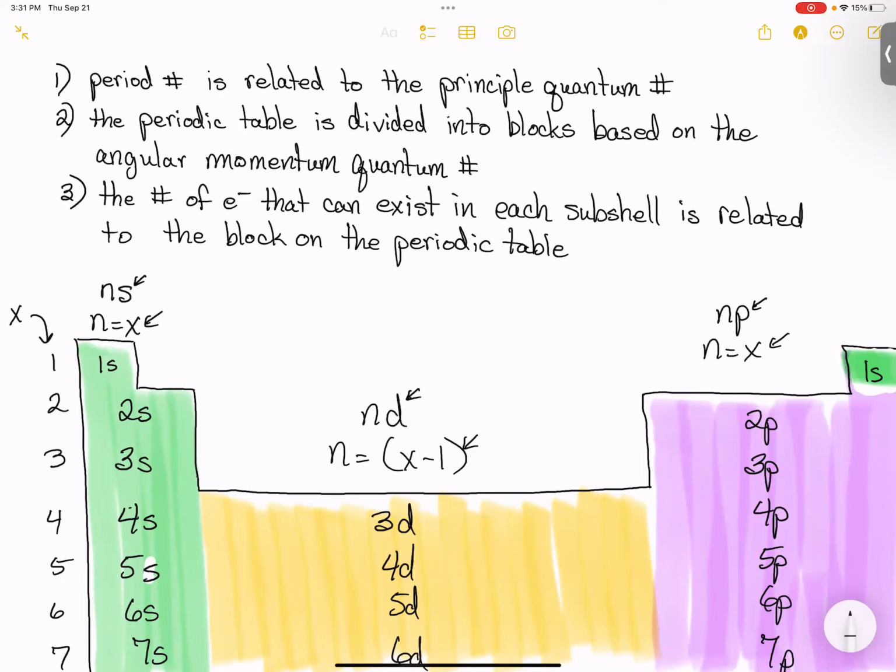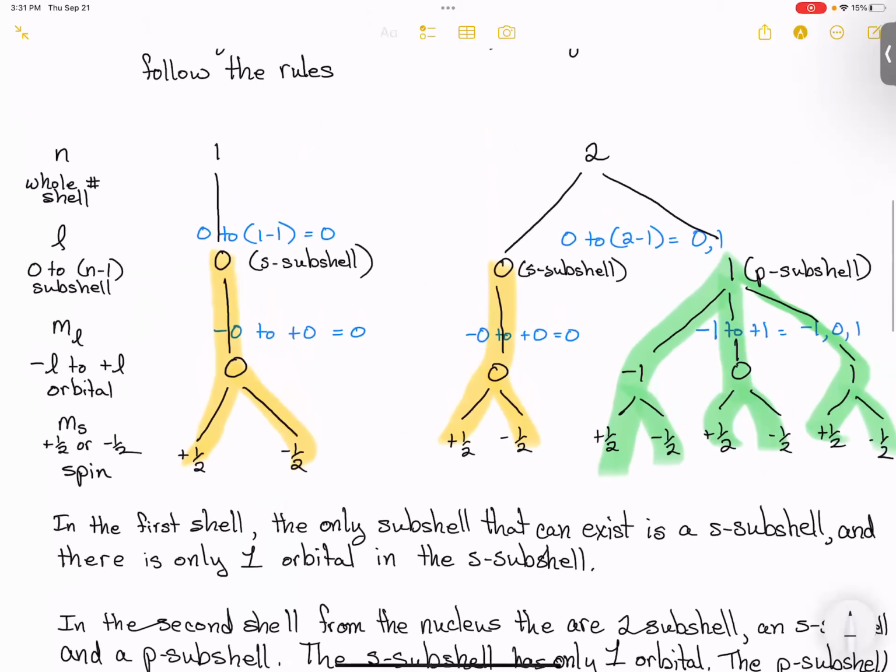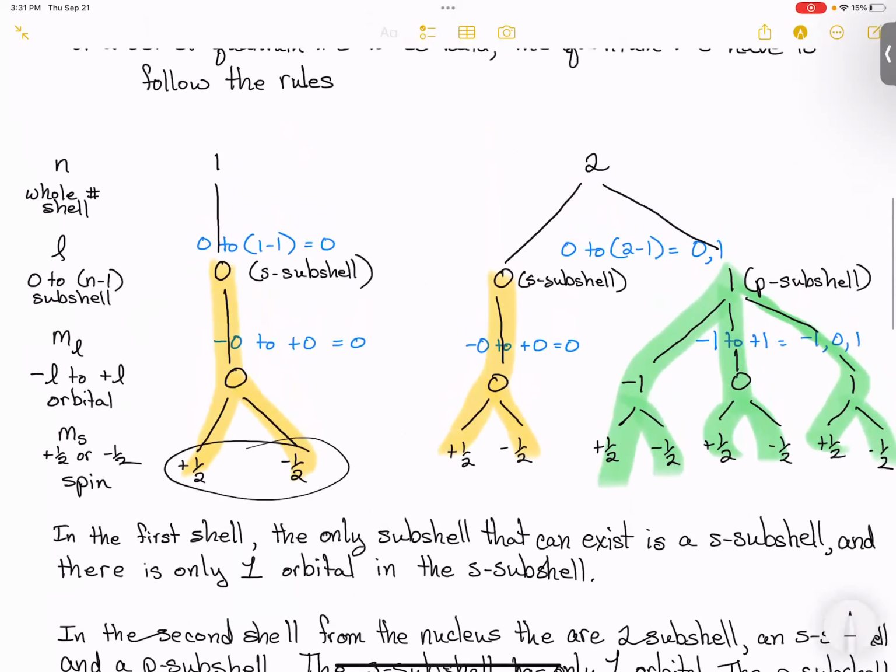So how many elements are across the S block? If you were to take period 2 and walk across it, how many elements are in the S block? 2. If you were to take the second period and go over to boron through neon, how many are in the P block? 6.